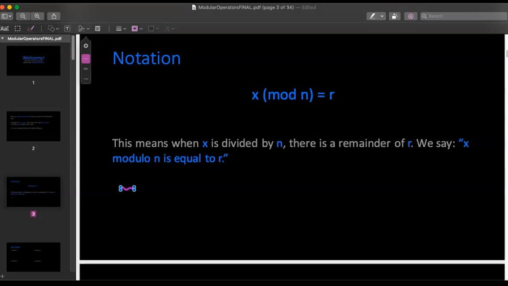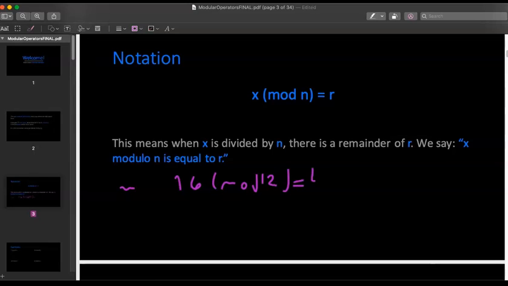So the example we just did up there is we said that it wouldn't be 16 o'clock, right? It'd be 4 o'clock. So let's write that problem in terms of this notation. So we had 16 mod 12.